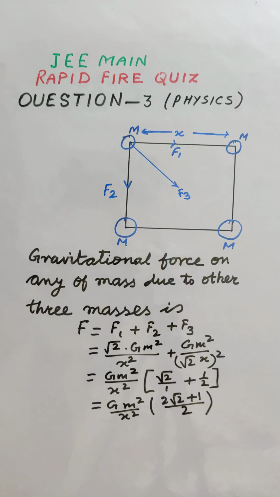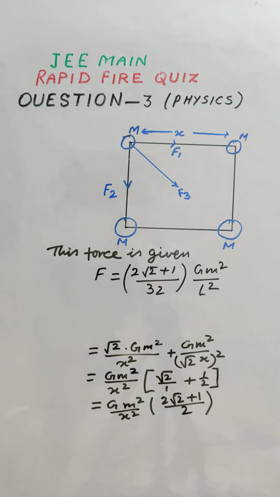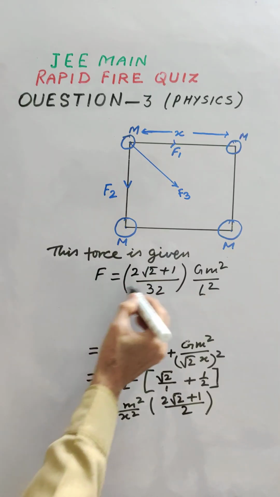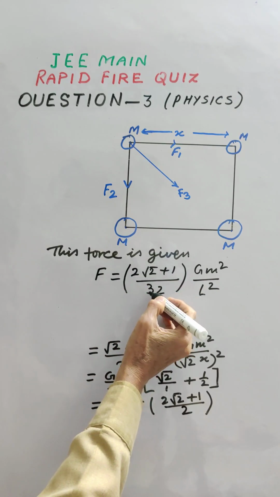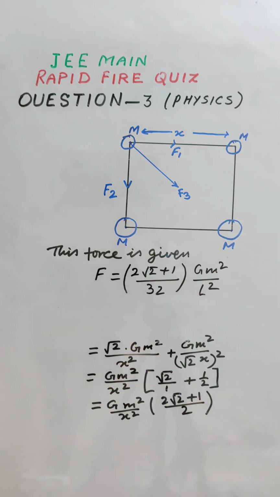This force is given: F is equal to (2 root 2 plus 1) upon 32 into G m square upon L square.